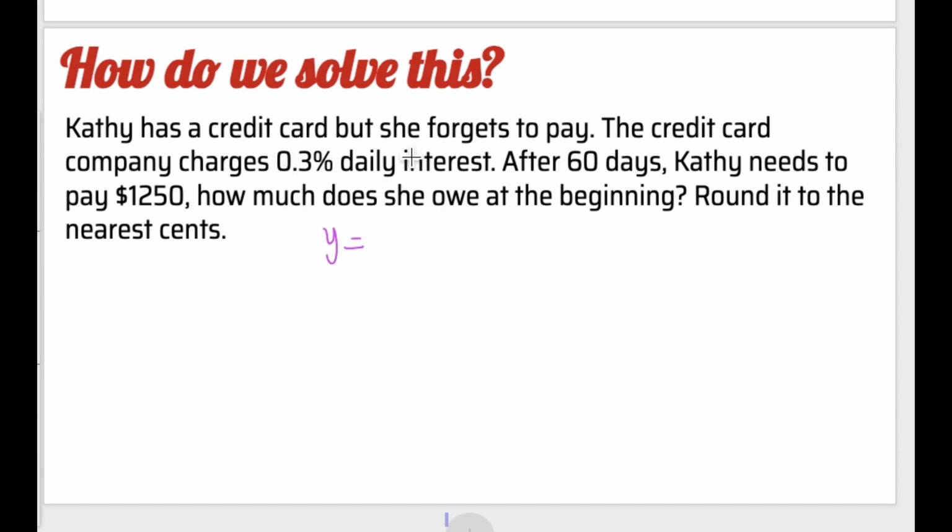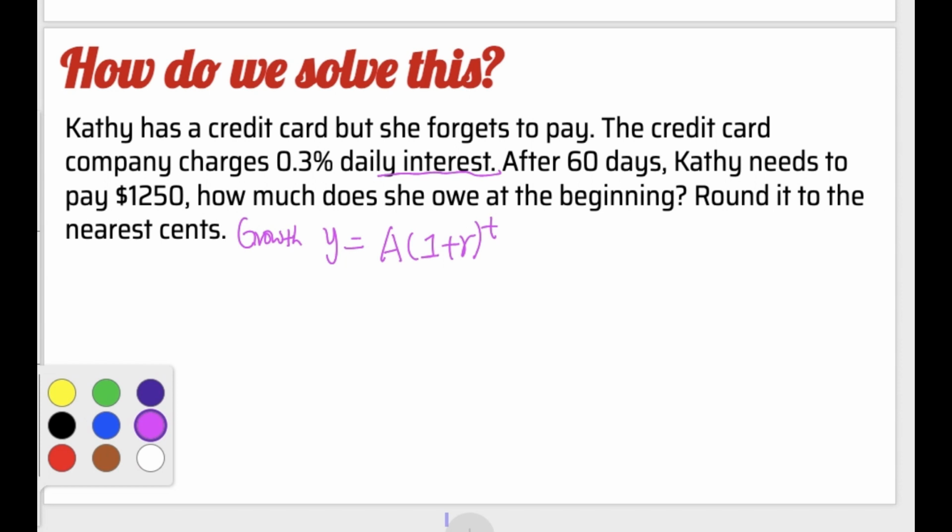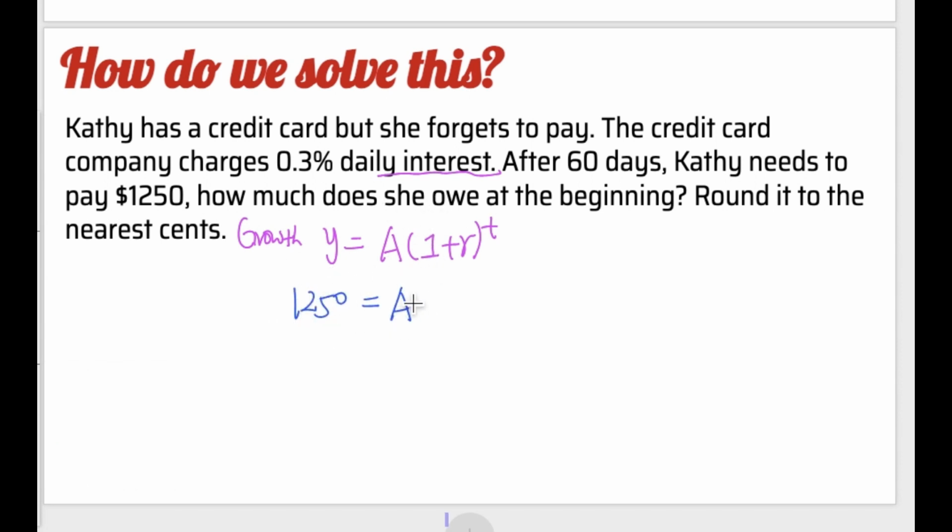Like we said before, when we say daily interest, it's going to be the growth model. Now we just need to plug in the values. The y here is 1,250, and a is still unknown, but this time we use 0.3%. Again, you can change it by moving the decimal 1, 2 places and making up a 0, so it's 0.003.